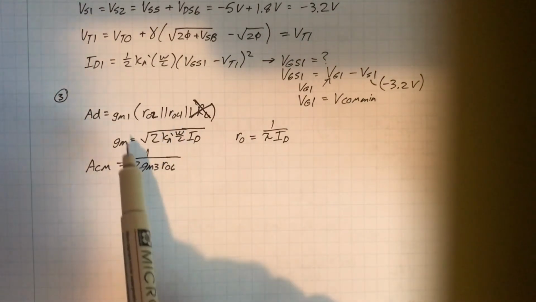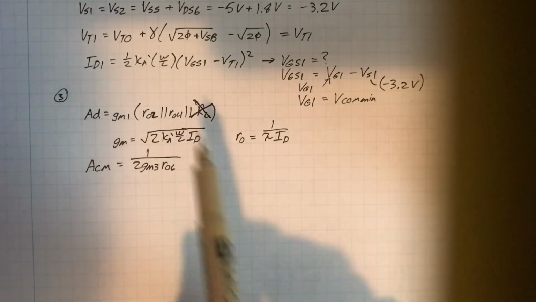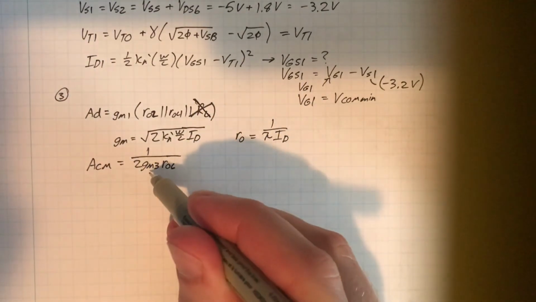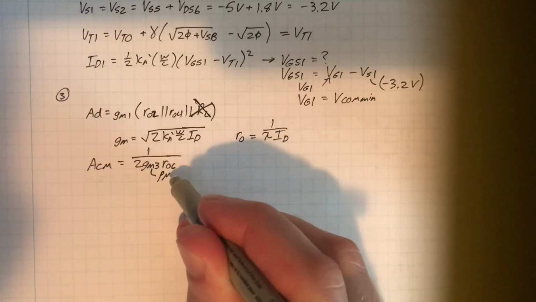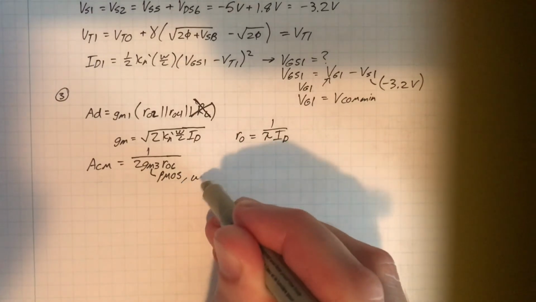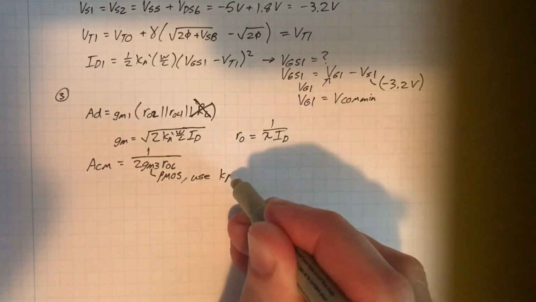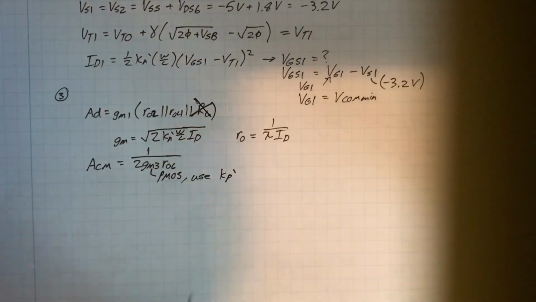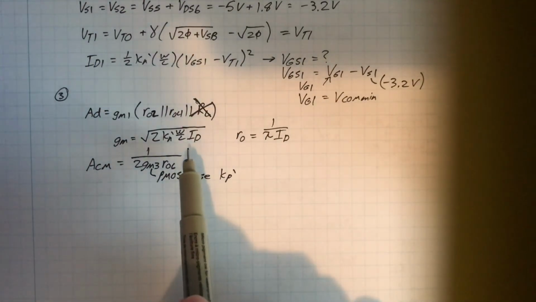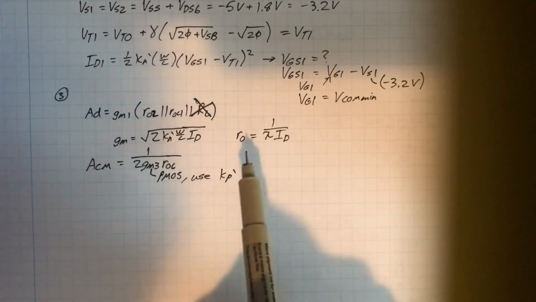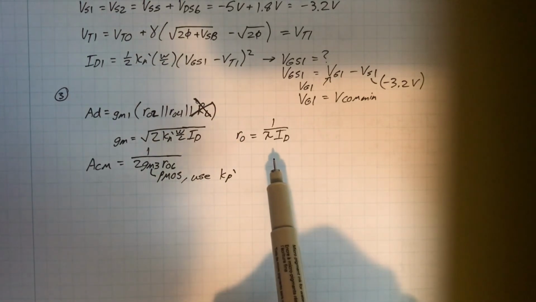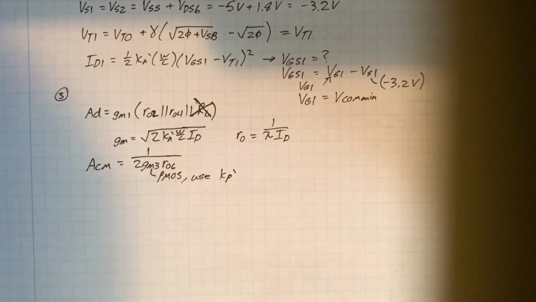So again, you can calculate GM based on these parameters, except GM3 is PMOS. So use KP prime in this case. ID is 2 milliamps again, and you can solve for RO the same way you did before.